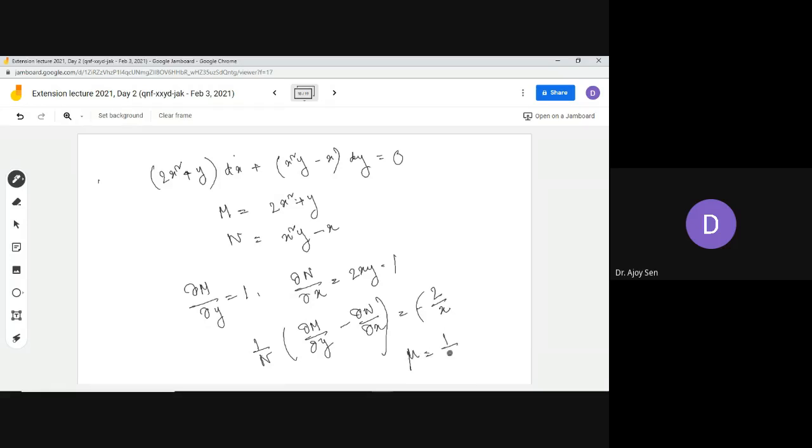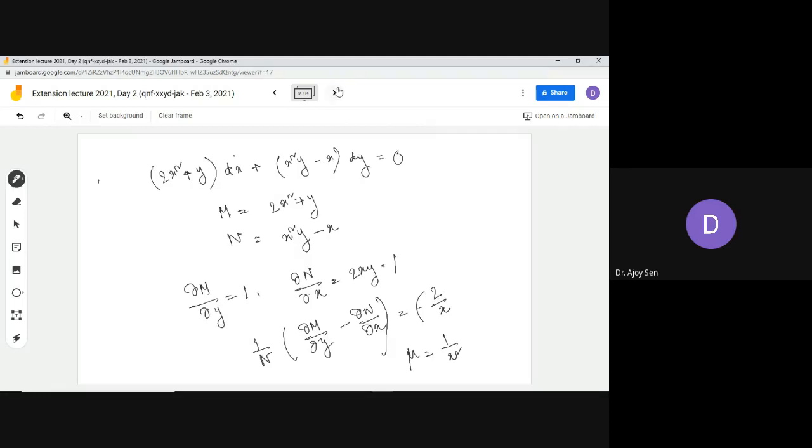So actually it will come as mu equals 1 by x square. So what we will do, we just multiply both sides by 1 by x square, and you will find the new M dash and N dash. You can check that del M dash del y and del N dash del x are equal. So it becomes an exact equation, and you know how to solve an exact equation. So this is the very trivial and small thing.